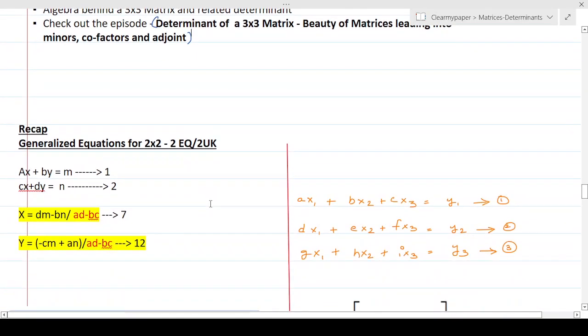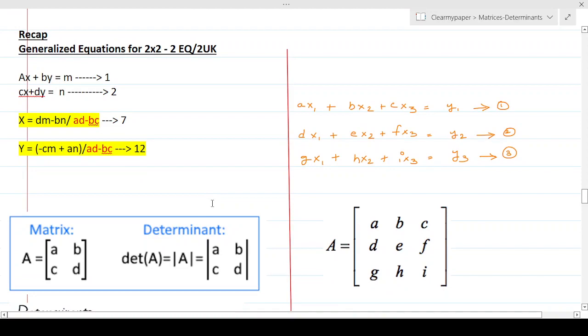Okay, so let's do a quick recap of what we did last time. In the last few episodes, we tried to solve the 2x2 matrix, which is two equations and two unknowns. We did it with actual numbers, and we also did it in a generalized format where we use the variables a, b, c, d, and we derived the determinant of a 2x2 matrix in the context of finding the values of x and y.